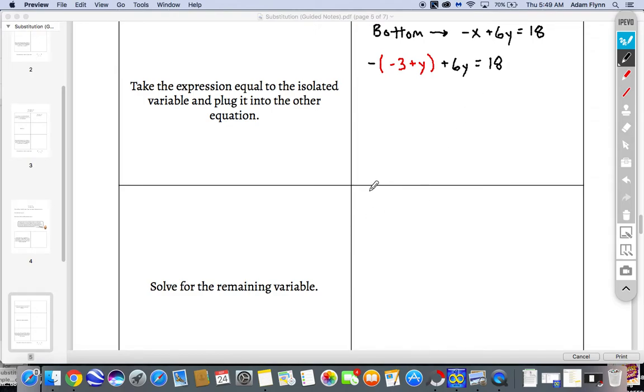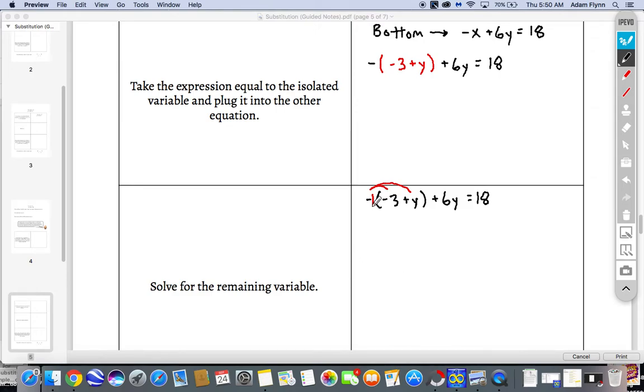Okay, so I'll go down here and I will rewrite this equation. So I've got negative, parentheses, -3 plus y plus 6y equals 18. So if I'm solving for y, my first step is going to be to get rid of the parentheses, so get rid of this negative sign. Remember, this negative sign out in front is the same thing as having a -1 in front.